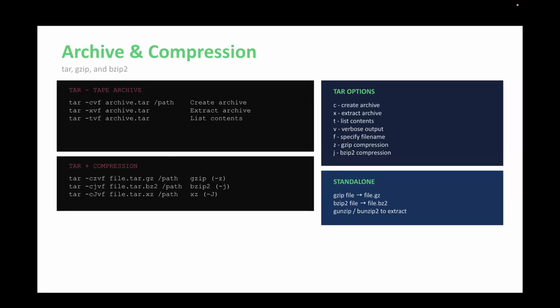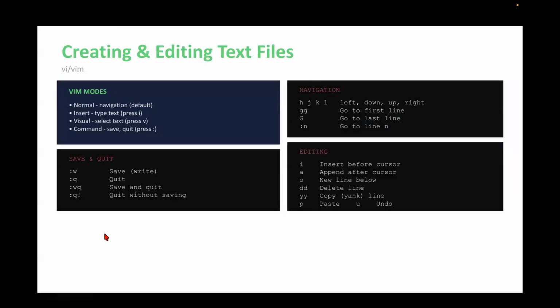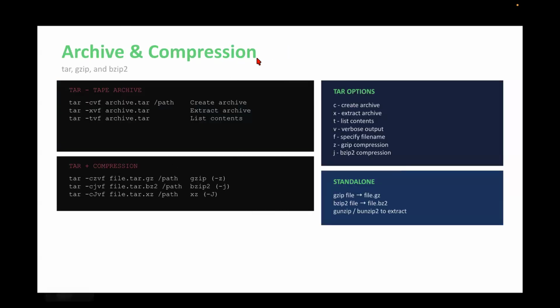Gzip is the oldest compression tool, I think. I think there's also xz. So we have xz, gzip, and bzip2. Those are the compression tools that we have.